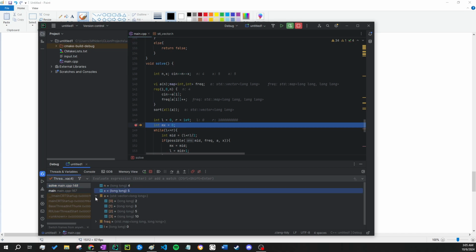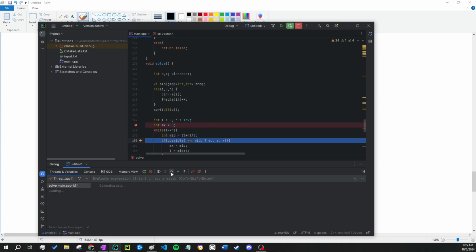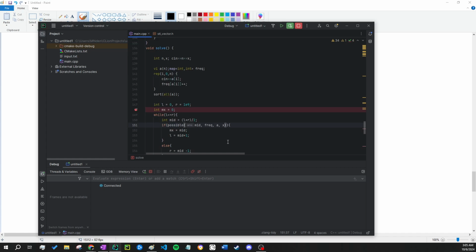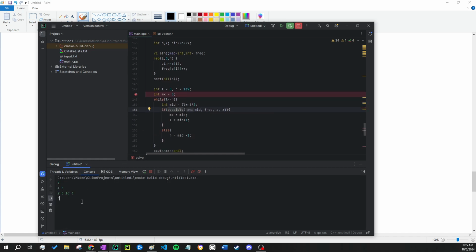x equals 5. a is true. Good. Everything is right. Now let's try it. It stops here for some reason. Is it missing a value or something? Min?